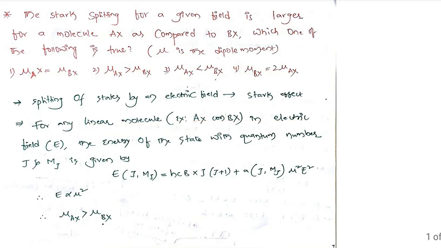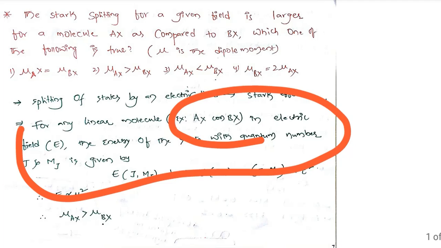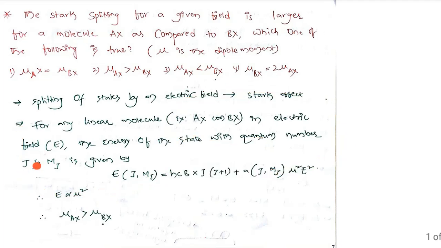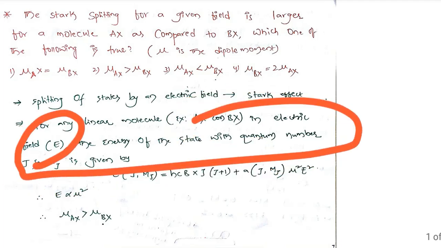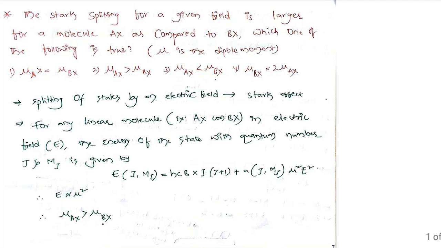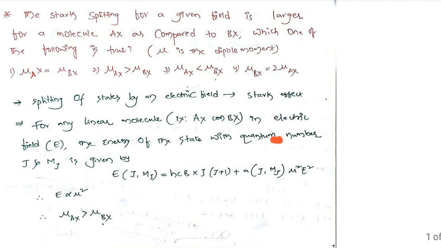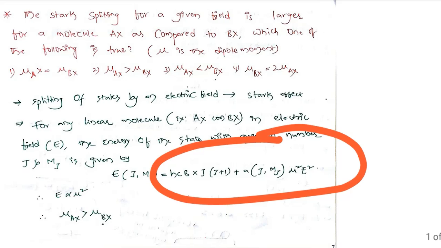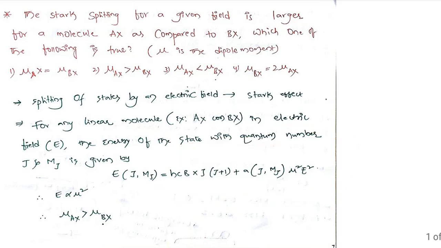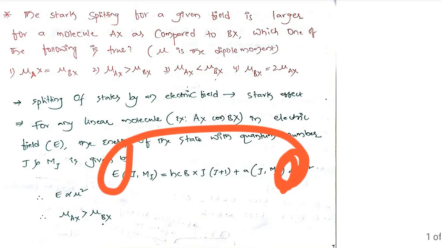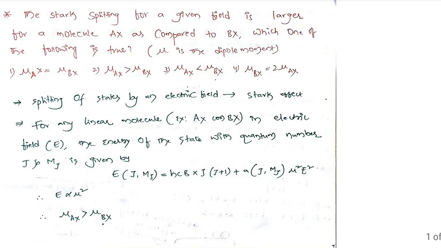For any linear molecule, that may be AX or BX, in an electric field, the energy of the state with quantum number J and Mj is given by, so just observe, HCB into J plus 1 plus a J Mj mu square E square. And here E is directly proportional to mu square.